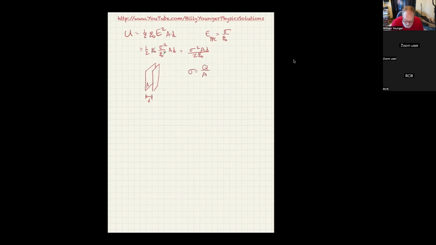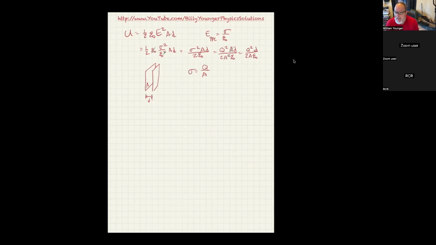So you might even be able to simplify it more by saying Q squared over 2 A squared epsilon 0, times A D. Now you can see one of these A's cancels out and you get ultimately Q squared times D over 2 A epsilon naught. So that should be the simplified version.